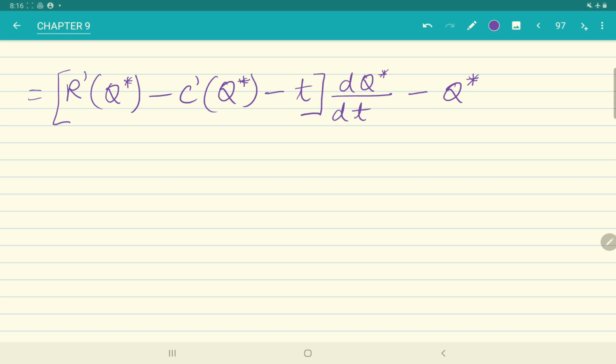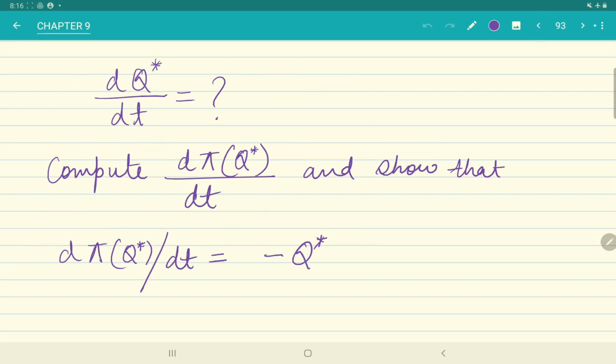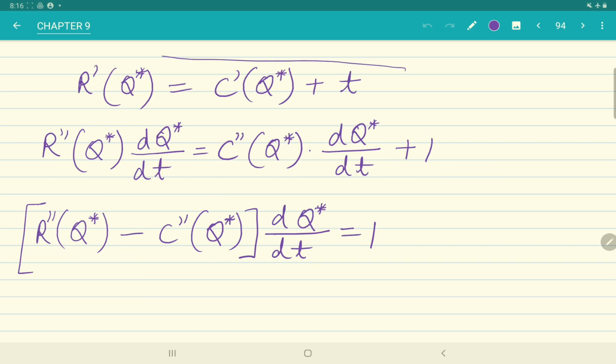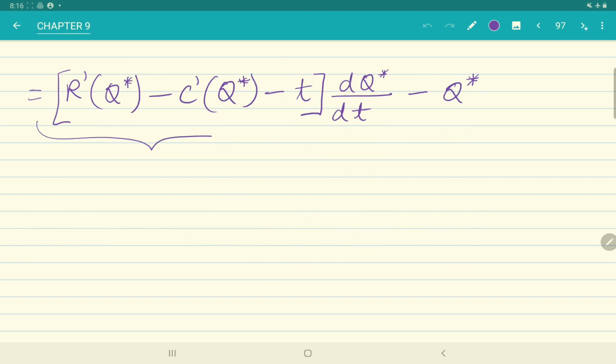And now I can take help from the expression that we have. If this is the case, that means this expression is 0 and we are just left with minus q star. And this is exactly what we had to prove.